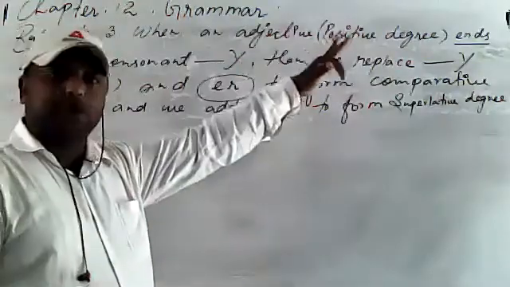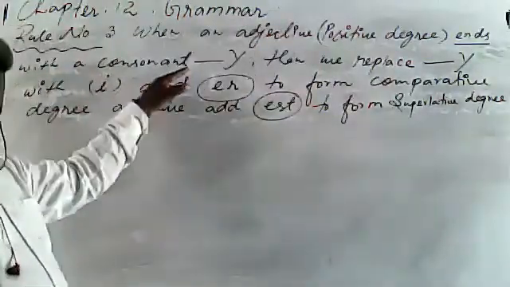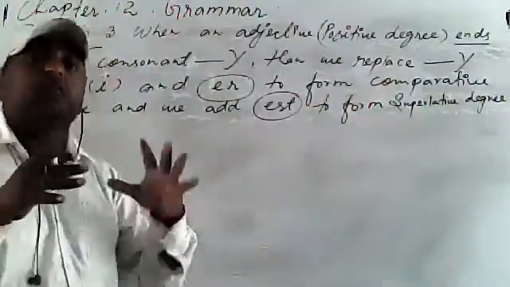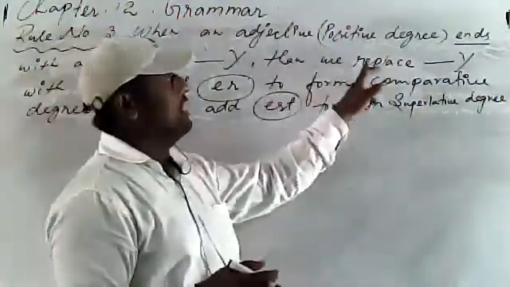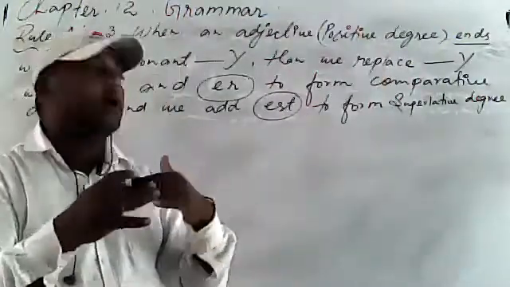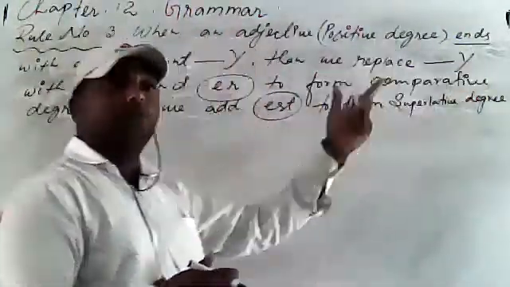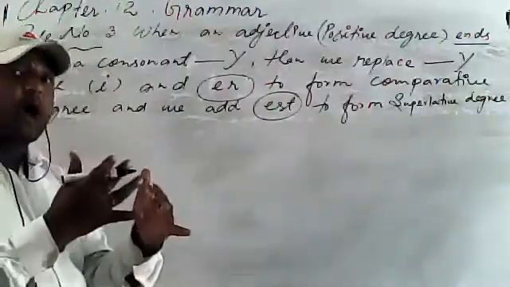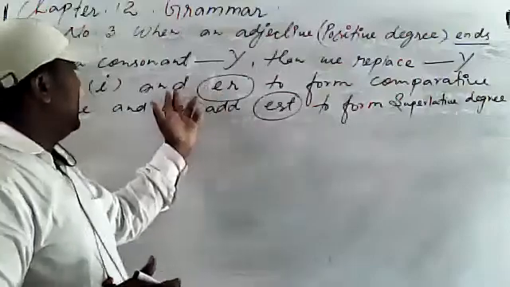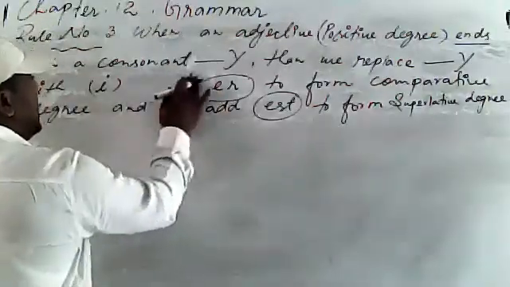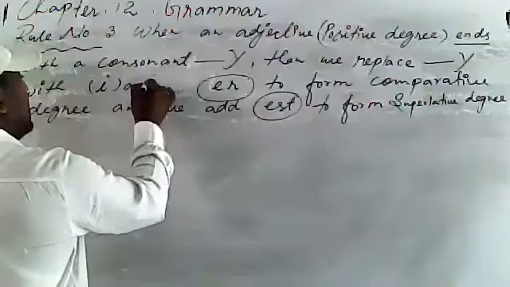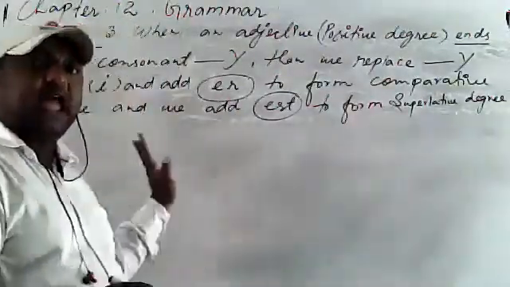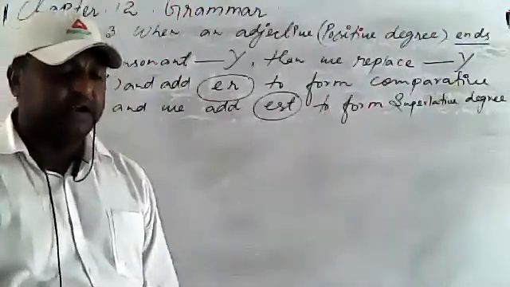When an adjective or a positive degree ends with a consonant plus Y, what are we going to do? We replace, means change, Y with I, and add ER to form the comparative degree, and we add EST to form the superlative degree.